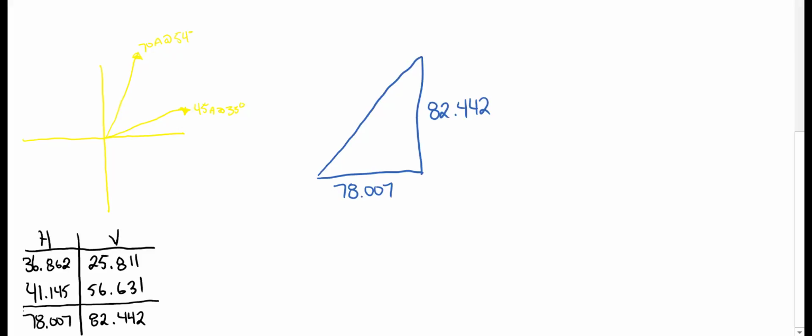So we will go 78.007 squared plus 82.442 squared. And then we take the square root of that. Will equal 113.498. So that's my hypotenuse.